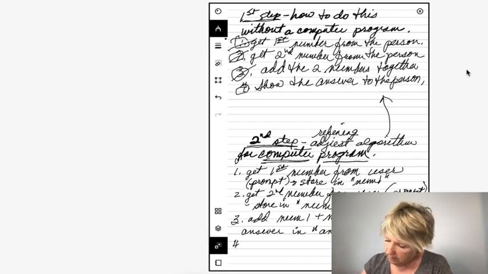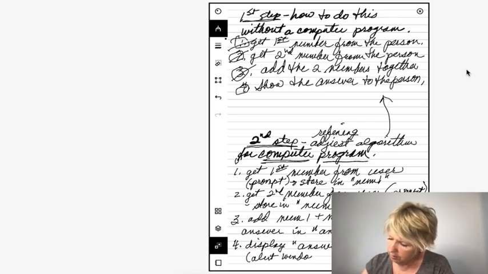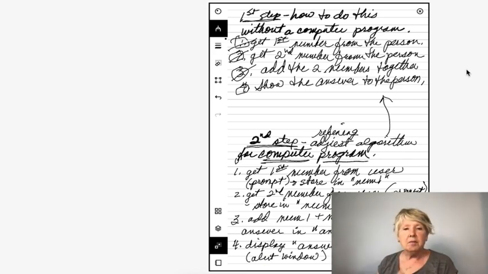Okay, so I'm going to display what's in my container answer to the user, and I'm going to use an alert window to do that, which is my programming construct or command.